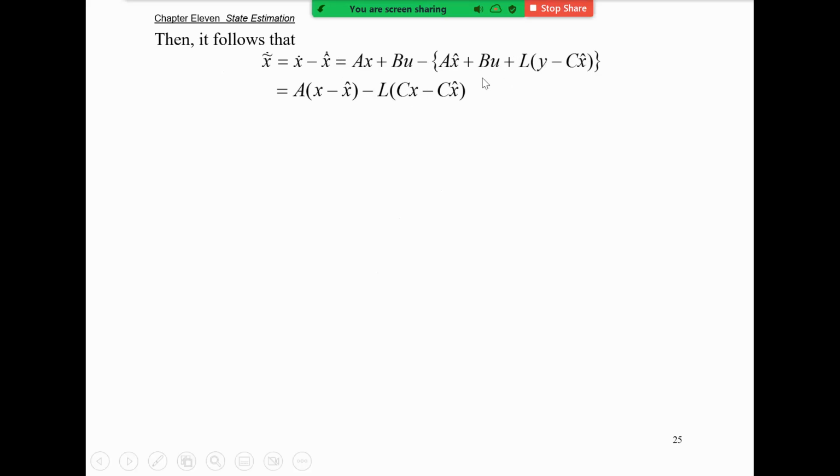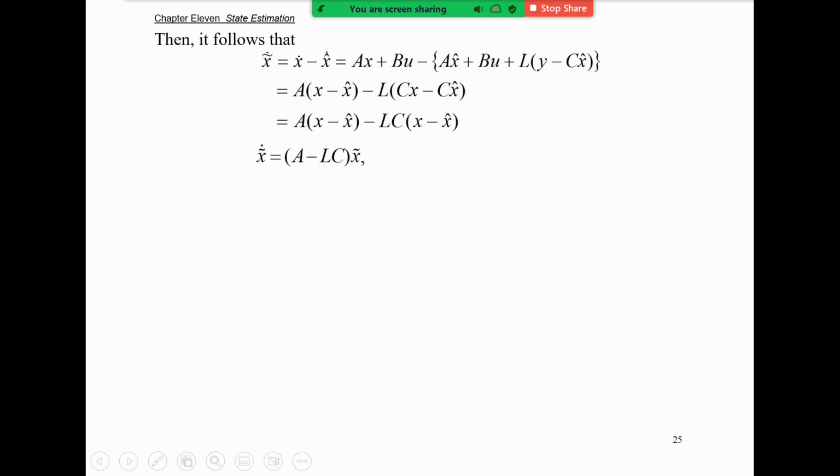So we use Cx here, minus this Cx hat. Now we take out this C, and this just becomes x minus x hat. And then we group those two together. We have x tilde dot equals (A minus LC) times x tilde.